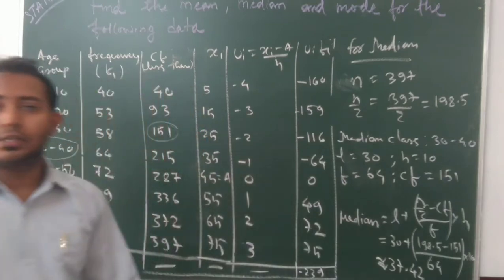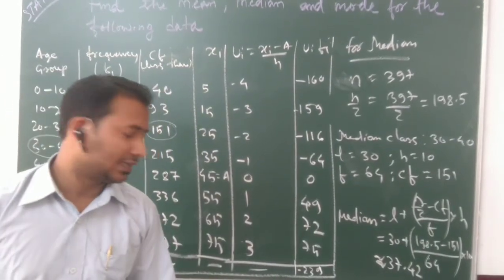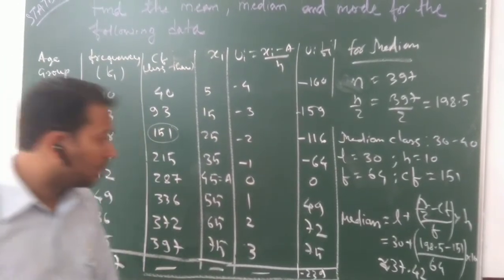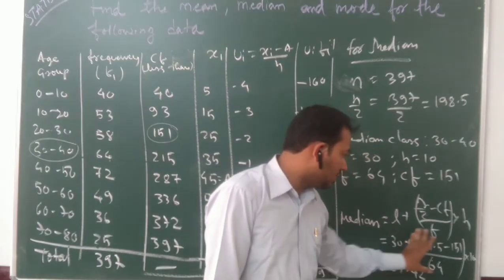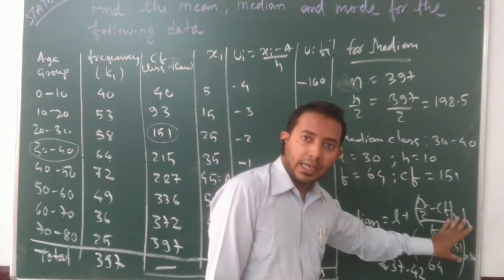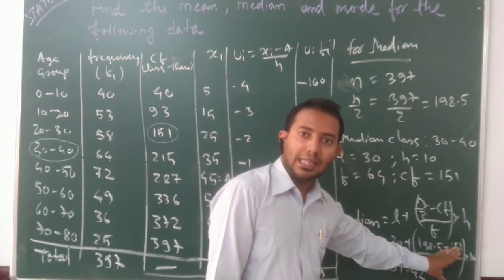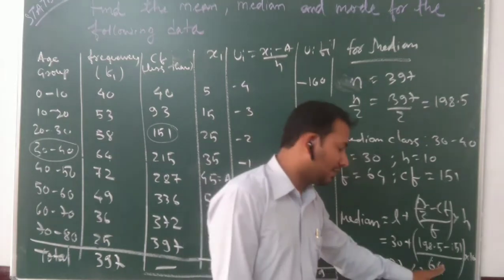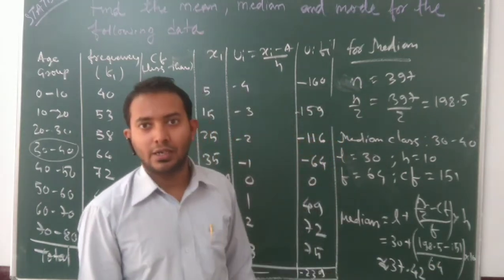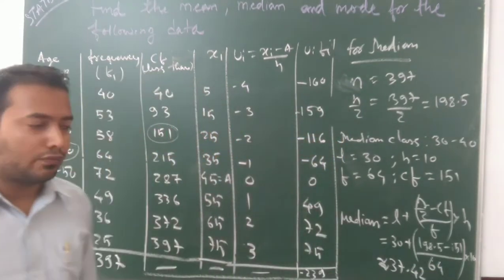We are rounding it up to 2 decimal places and getting 37.42. Please do not mix it up. Just find the value for this part as an approximate result and then add it to the 30. Then we will get 7.42 approximately, and adding the 30, we get 37.42.